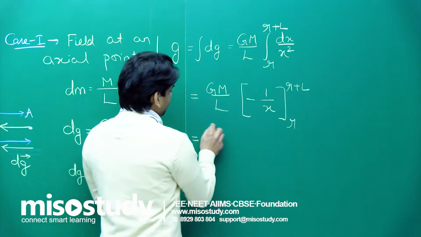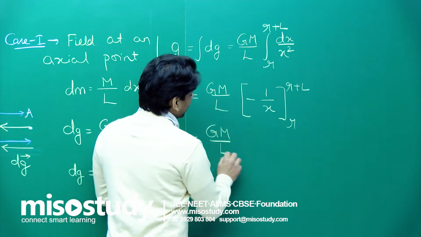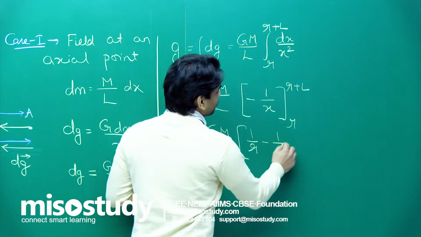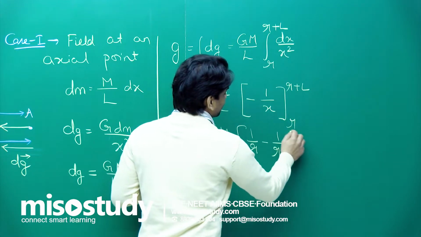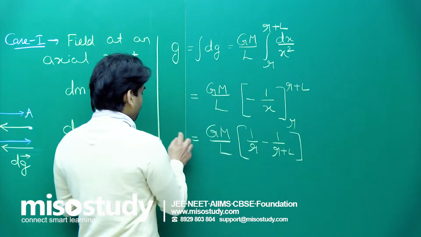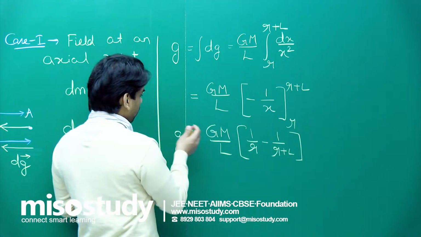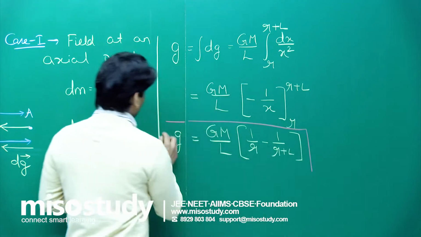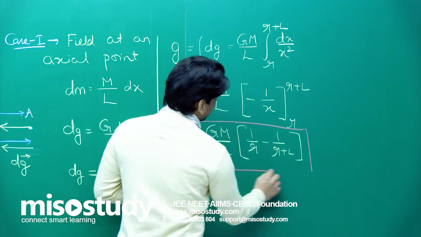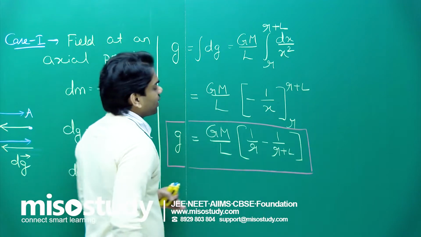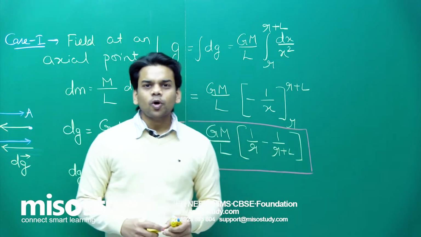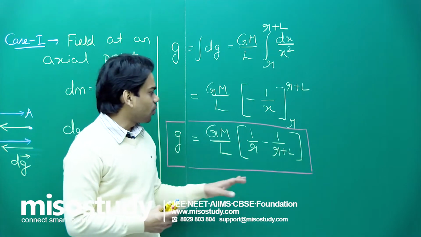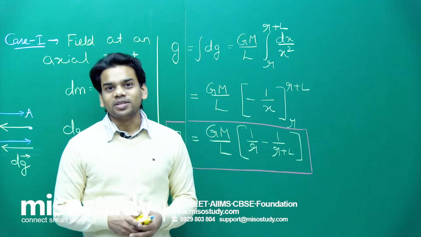We are going to get GM by L, substituting the lower limit first, 1 by r minus 1 upon r plus L. This is the value of g that you are going to obtain for the rod at an axial point, the value of field strength at an axial point. This will be the formula, GM by L times 1 by r minus 1 upon r plus L. Hope that you can easily evaluate the value. What I want from you all is to try remembering this formula, GM by L times 1 upon r minus 1 upon r plus L. This is required.